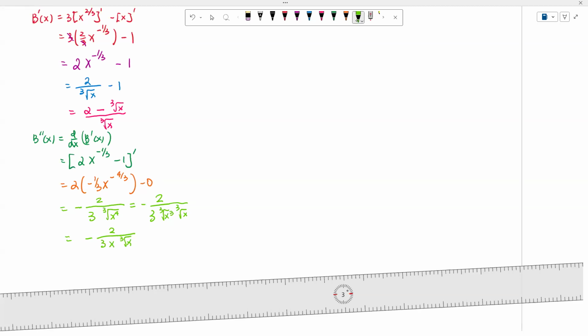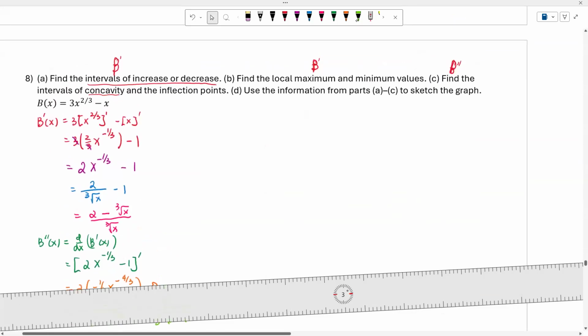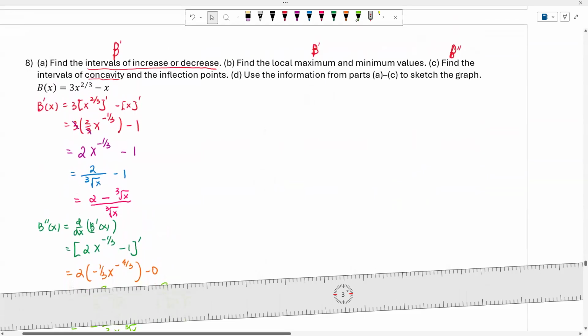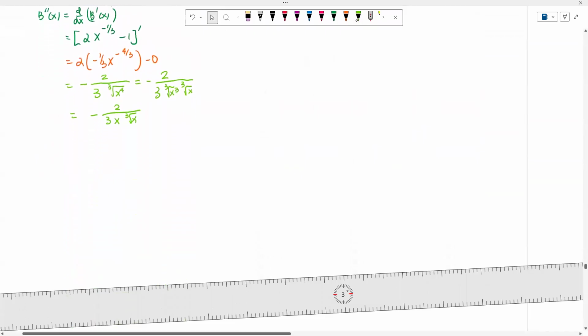Okay, so now after we find b prime and b double prime, we would like to work with the sign chart again, to find the intervals where the function is increasing, decreasing, and determine the local maximum and minimum. Then for A, I would like to create the sign chart.